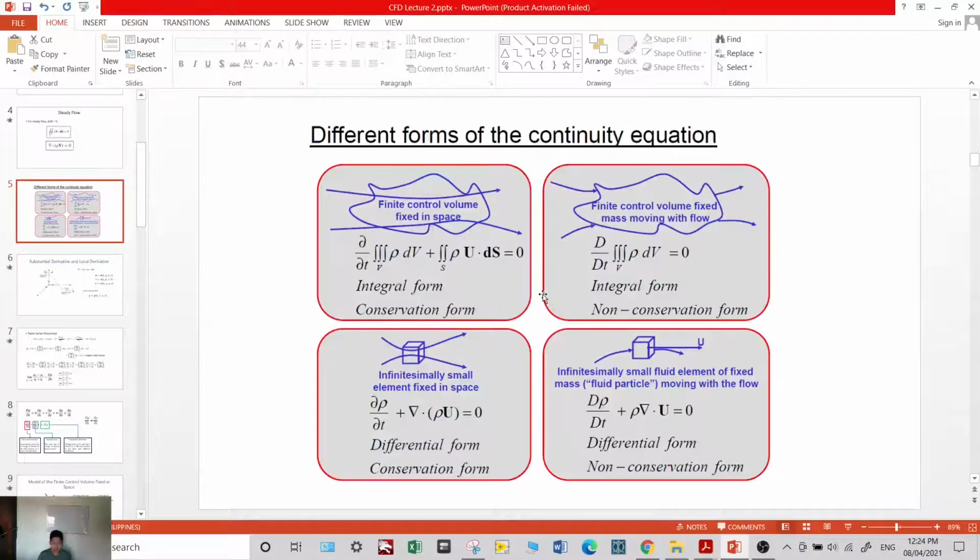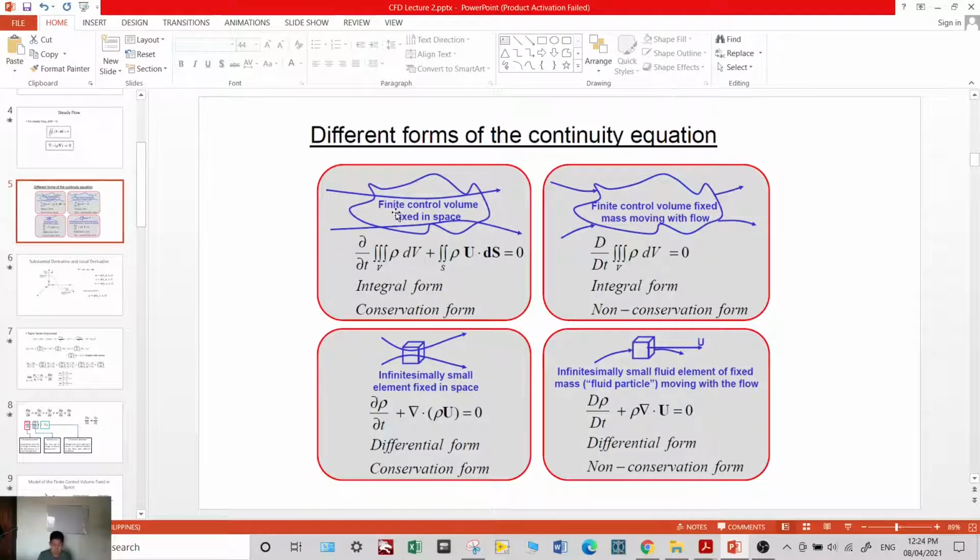So the conservation of mass, so these four equations are the different forms of the continuity equation. Okay, so they differ on how they are derived. Okay, so there are four models that are used.